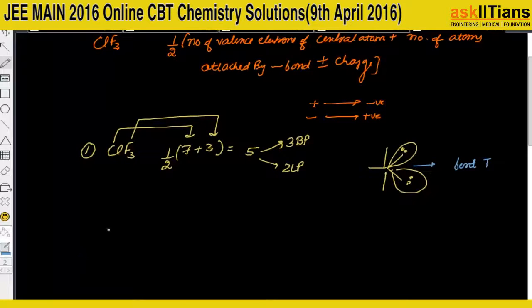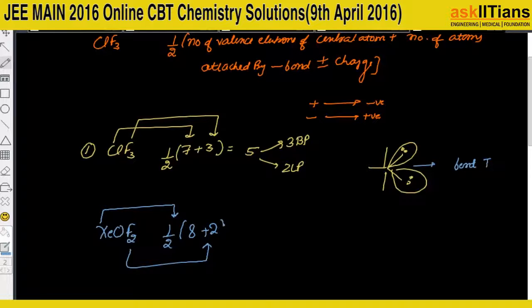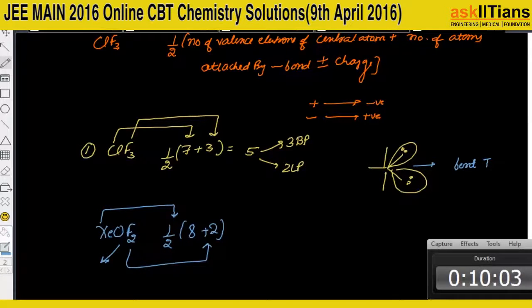Now let us go over to the other option. This is XeOF2. So this is half of 8, number of valence electrons of central atom, plus number of atoms attached by single bond. We have 2 here. See students, oxygen should not be taken as a point of confusion because oxygen is generally known to form 2 bonds.